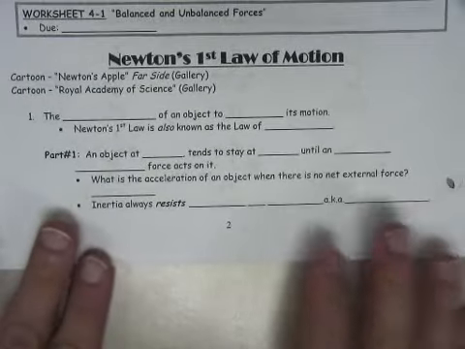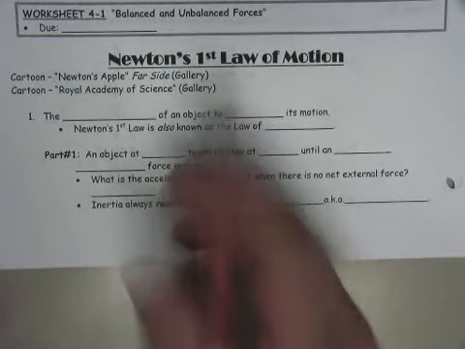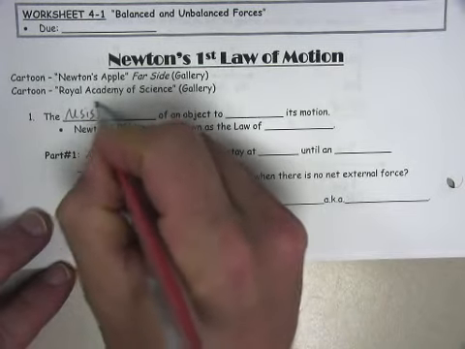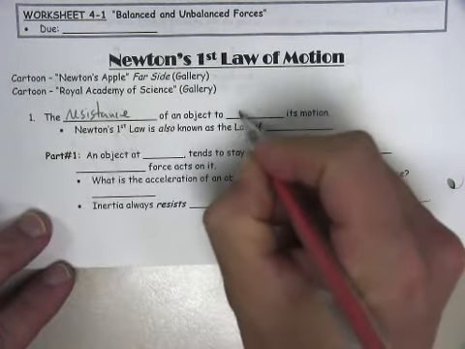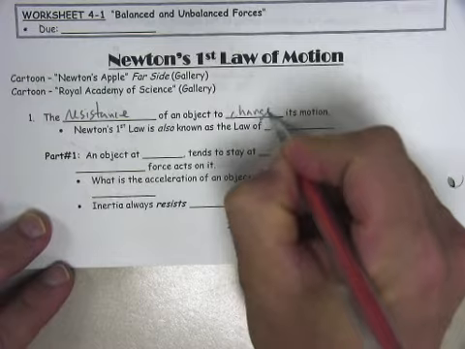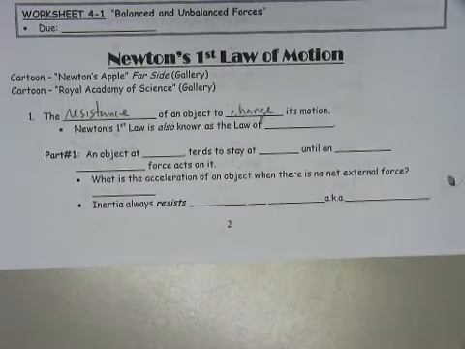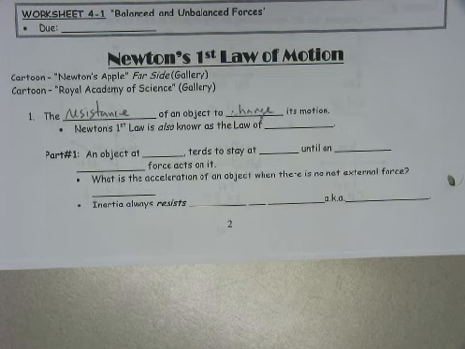Okay, so Newton's first law of motion, here it is. Number 1, it is the resistance of an object to change its motion. I guess you could think of some of you who are stubborn.